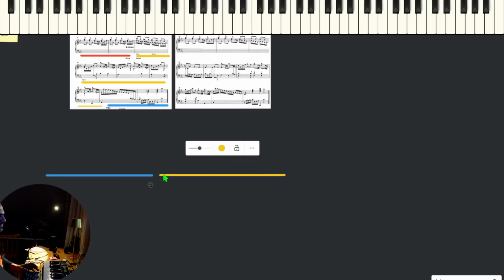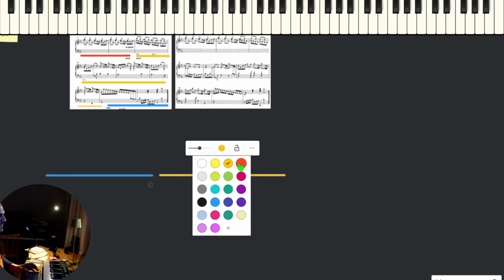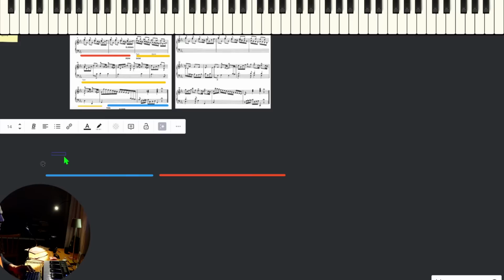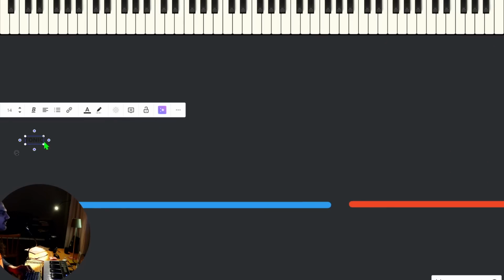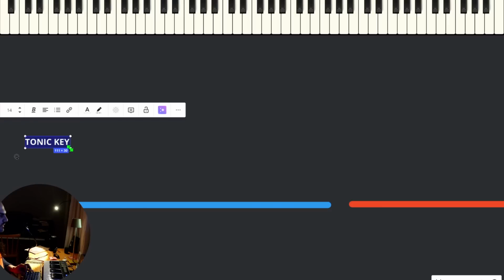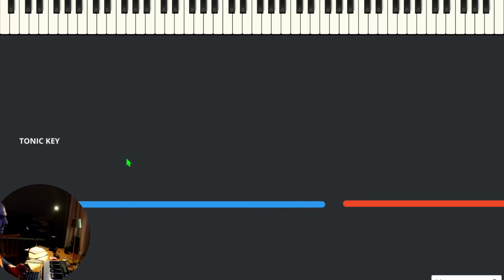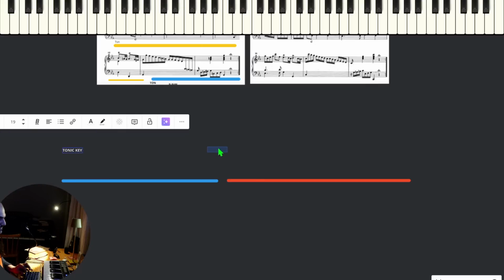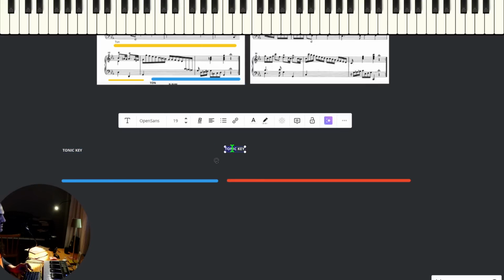I like red for the dominant. So you have the tonic key and the dominant key.